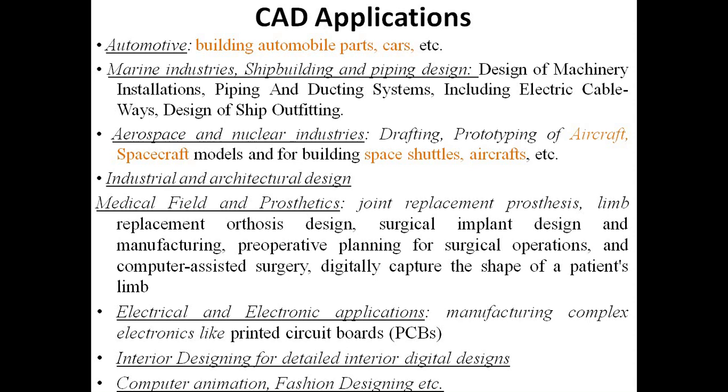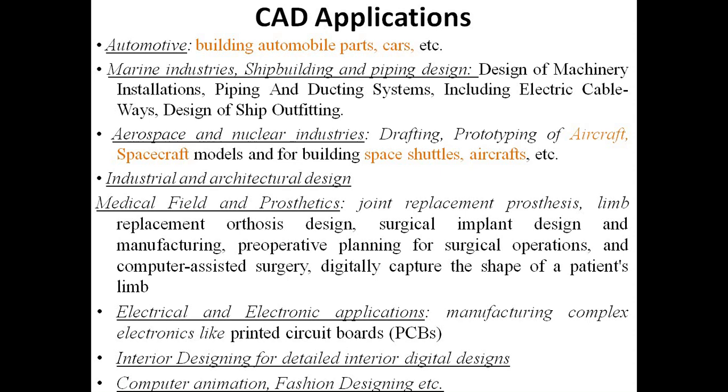So in this slide we are going to discuss applications where computer is used for designing. Fields like automotive, marine industries, architectural designs, medical field, electrical and electronic applications, interior designing, computer animation, fashion designing, etc. These are the main fields where these CAD softwares are used.